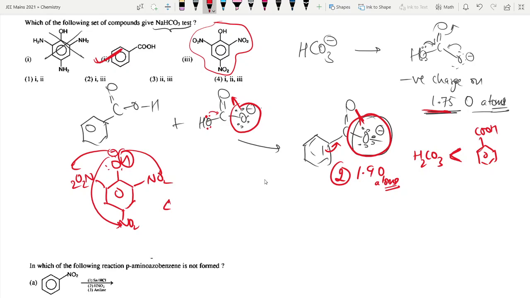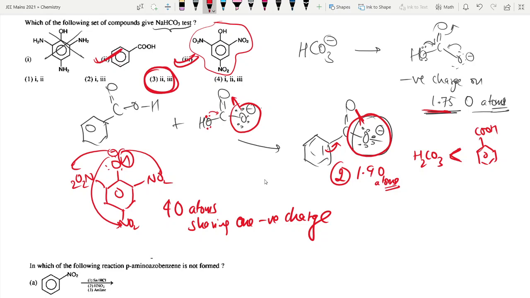So basically 4 oxygen atoms sharing one negative charge, which is very nice, and they're very far apart also, so there is much less repulsion in the molecule, and this is a very good acid. So this will react, and this one will react, but not this one. So the answer should be 2 and 3, which is option number 3 here.